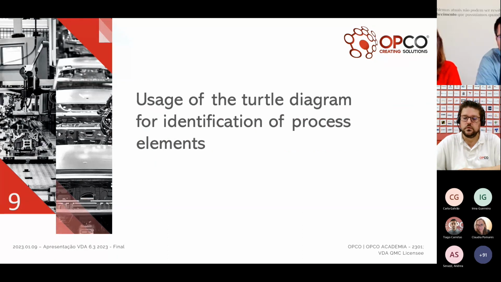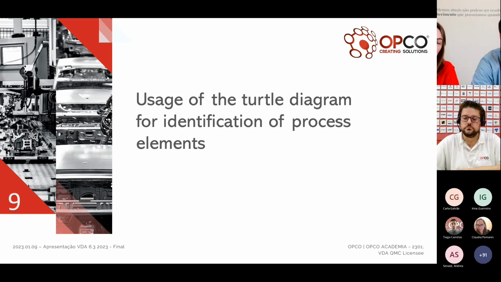Also the turtle diagram, as you remember, some of you that have had the training with us. In the turtle diagram we're looking for the inputs of the process, material resources, human resources, the work content, the efficiency of the process, and outputs. It's still the same approach used to identify the risks and issues in the process elements, okay?